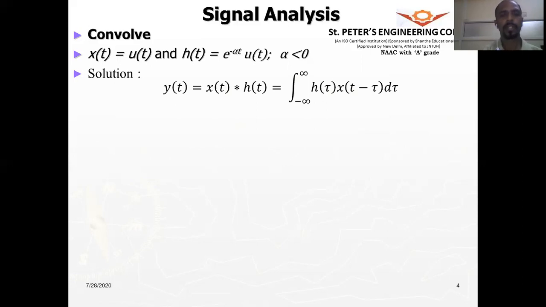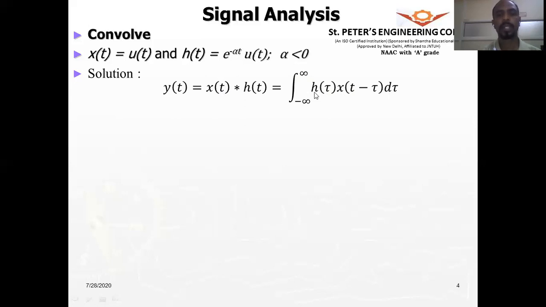we will draw that graphically. I'll show you. Here, what is the solution? We have to find y of t, which is x of t convolved with h of t, given by the formula: integral from minus infinity to plus infinity, where tau takes values from minus infinity to plus infinity, of h of tau x of t minus tau d tau.